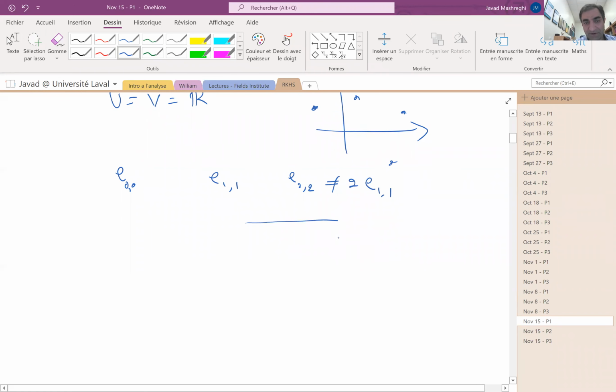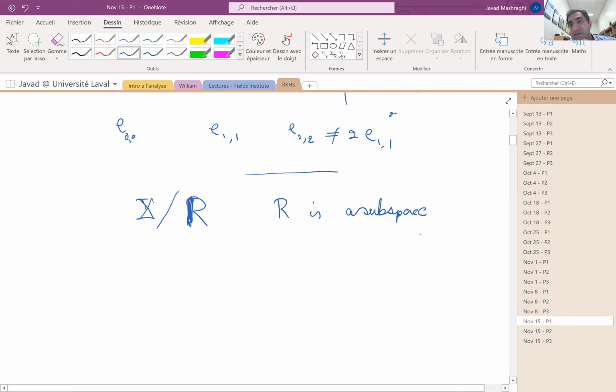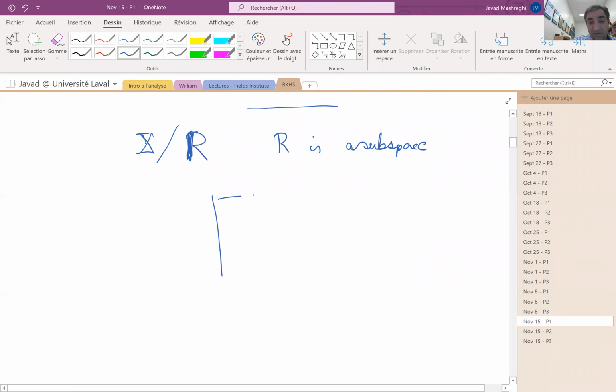And the way to do this, how do we eliminate elements in vector spaces? We have X, and somehow we find a subspace R, and then we consider the quotient space X/R. R is a subspace. When we do this, this is equivalent to saying that we consider all of the elements of R to be as zero. That's the meaning of elimination. In pictorial, X is like that. And you can imagine R like this. And then we consider all the cosets.